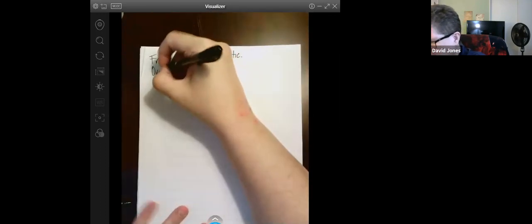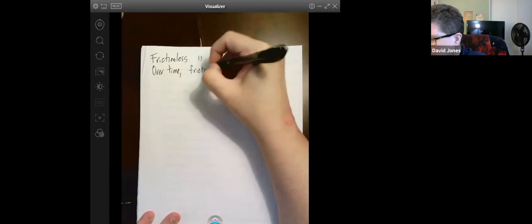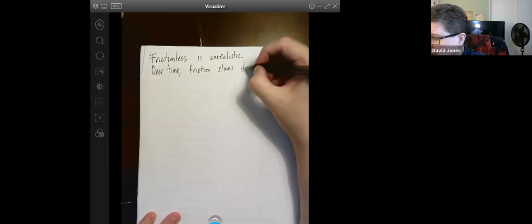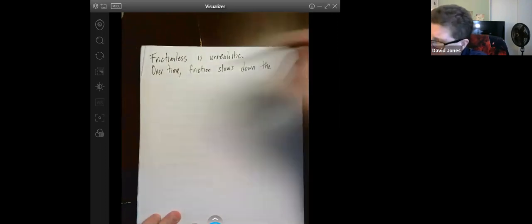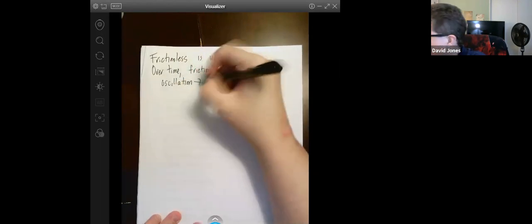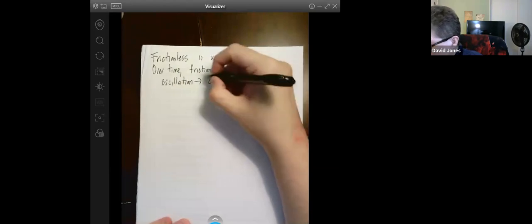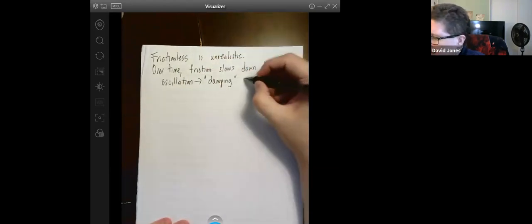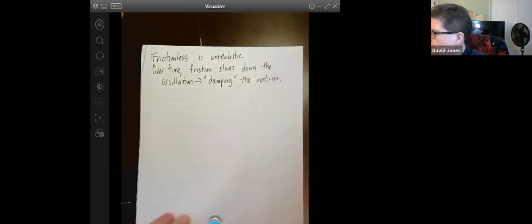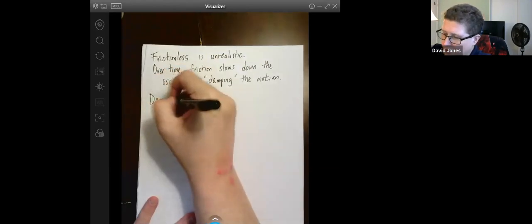Over time, friction slows down the spring or oscillation. What we call that is damping. Damping the oscillation or damping the motion. So this is damped oscillatory motion.